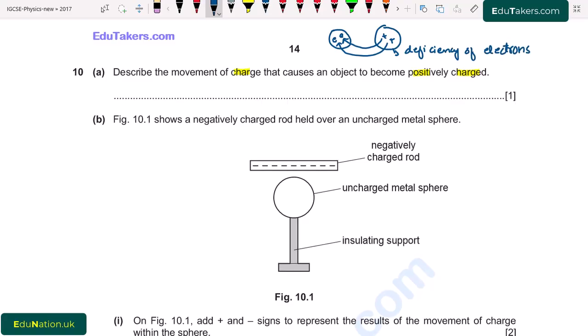Due to the deficiency of electrons, there will be the positive charge. So I will write here negative charges are removed from the object, then there will be the positive charge here.